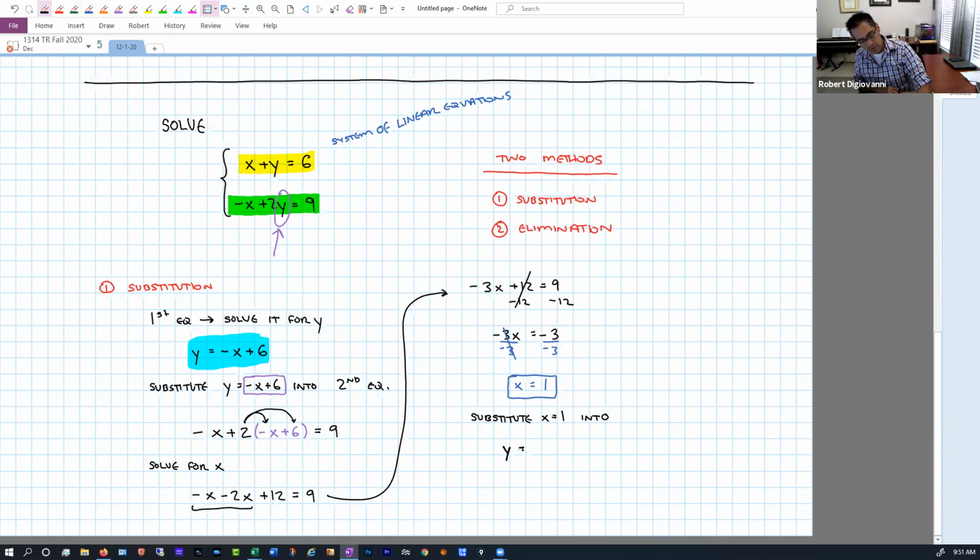So y equals -1 plus 6, because we just got 1 is x, and -1 plus 6 is 5. So y equals 5. So if I were to write my answer as a point, if my x is 1 and my y is 5, then there's my answer.